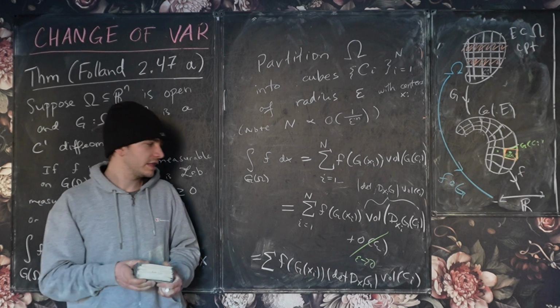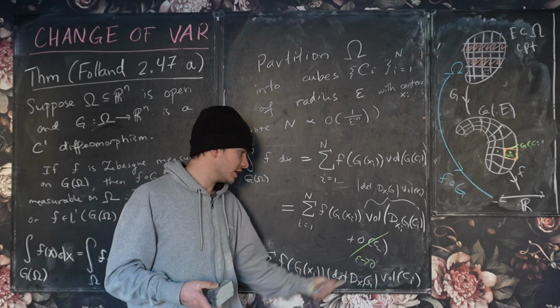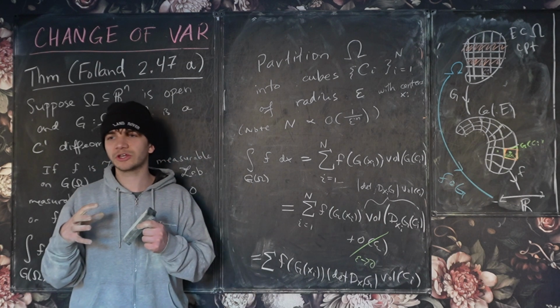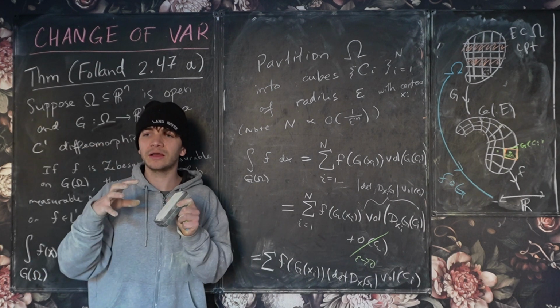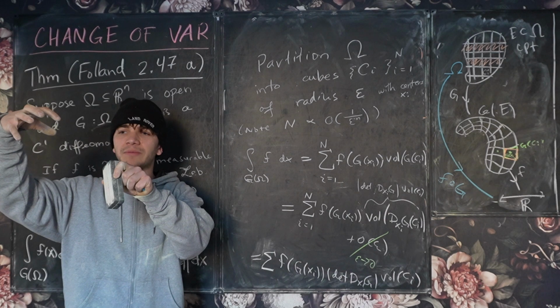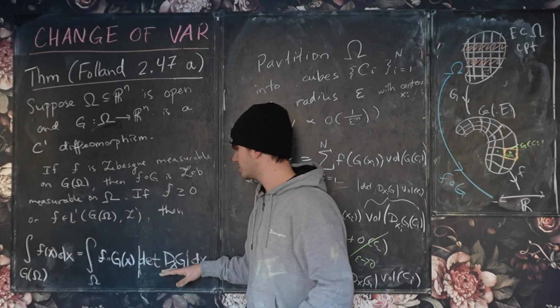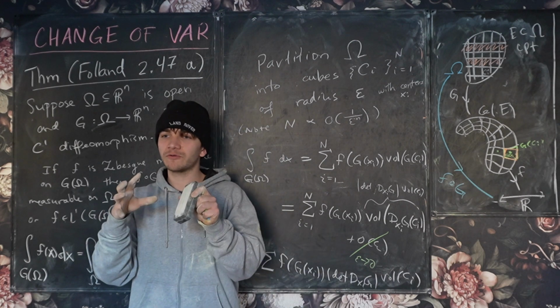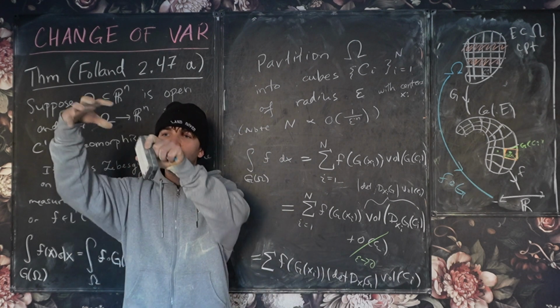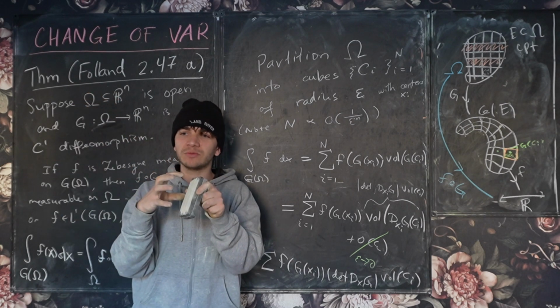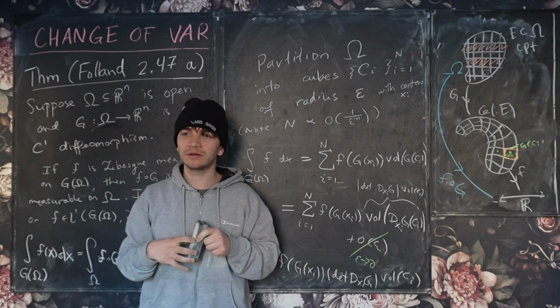But in this case, the error to volume ratio, in the scaling, it actually works out to be order of epsilon. So when you scale down to smaller and smaller cubes, they truly are getting closer and closer to being mapped to parallelepipeds, which are the image of the differential. So locally, the differential of a function really represents how that function distorts mass from a small cube to a small parallelepiped.